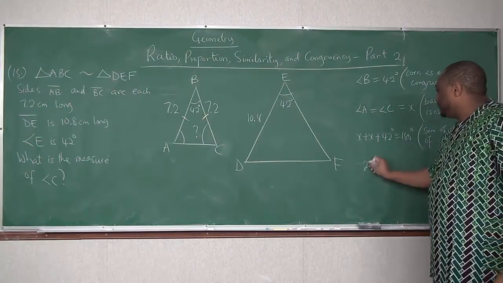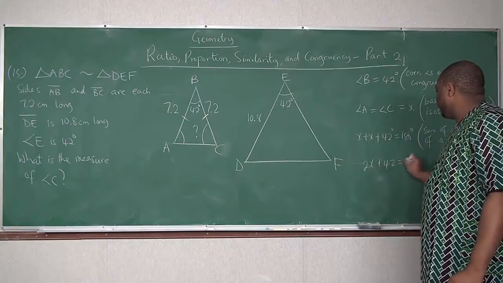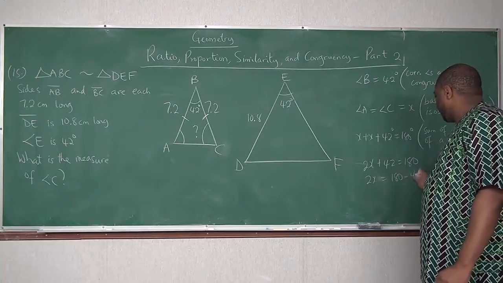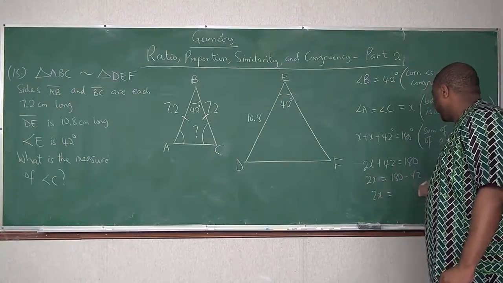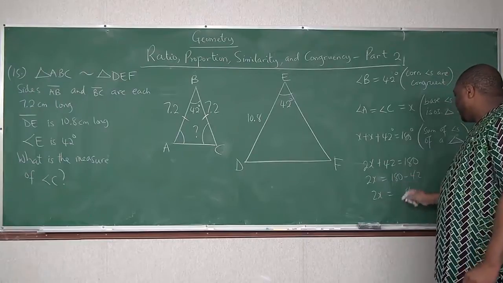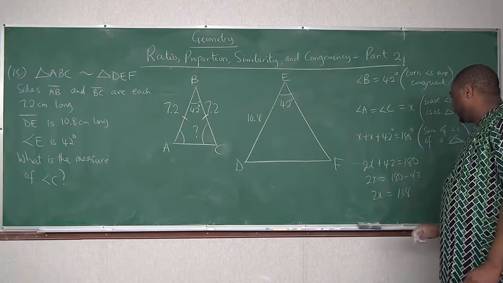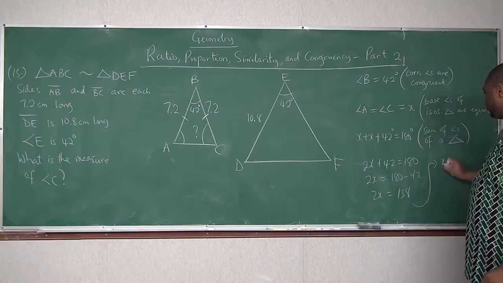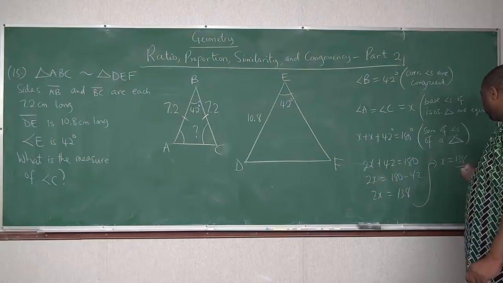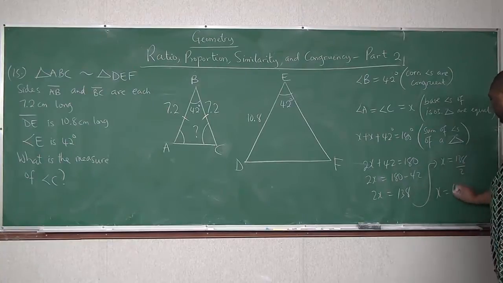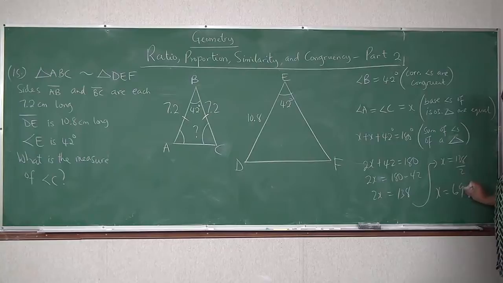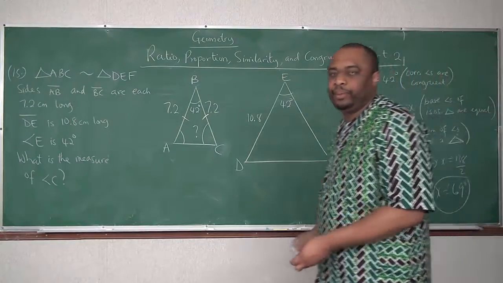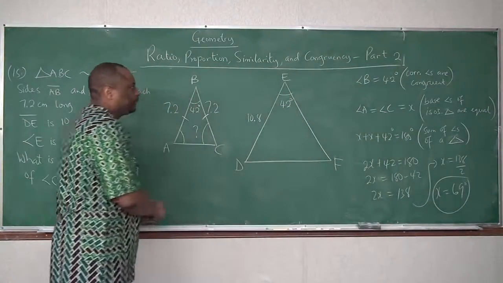So 2x plus 42 is 180, so 2x is 180 minus 42, which is 138. This implies that x is 138 over 2, which is 69 degrees. And that's your angle C, 69 degrees.